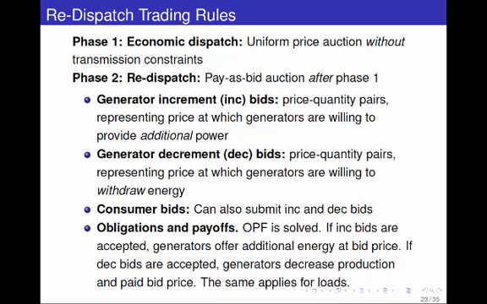So that generator will end up producing 45 megawatts and be paid this amount here. Okay, that's how this situation works. And this is what I'm describing basically here in words.